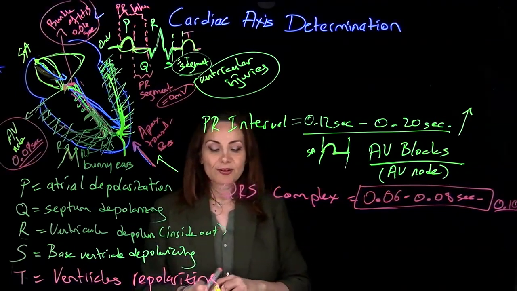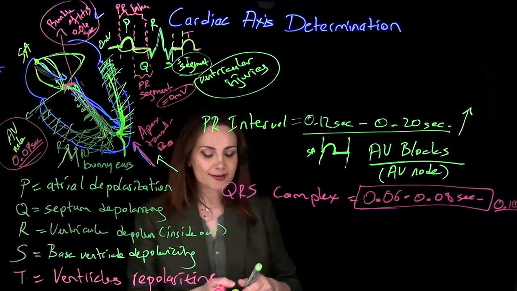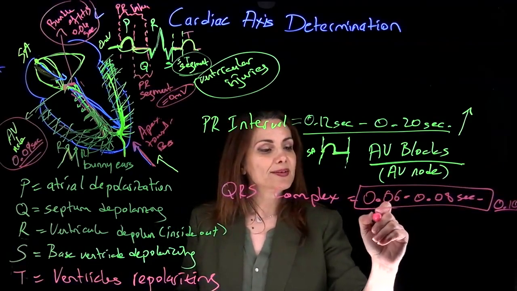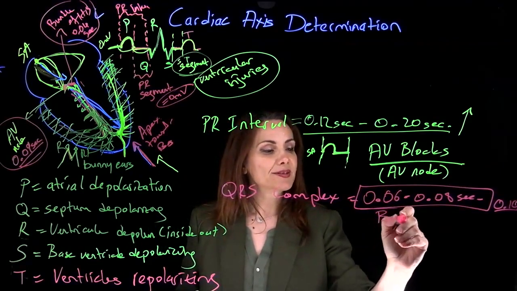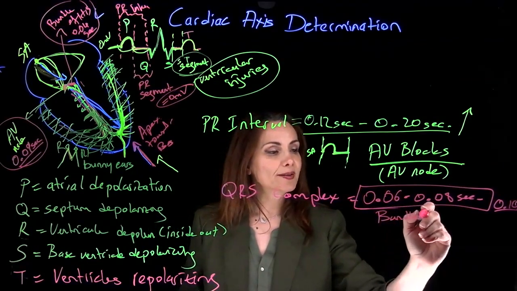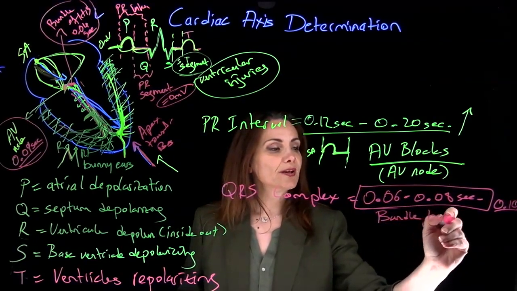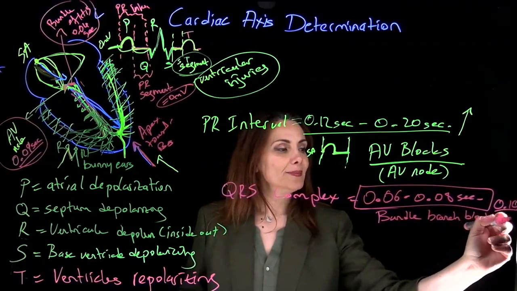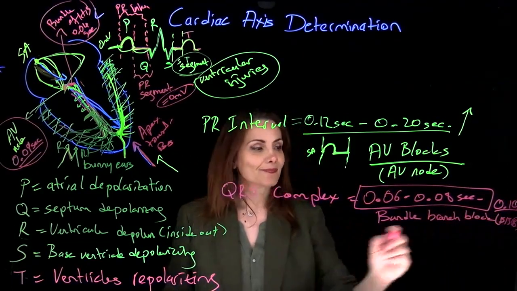So what does that mean? If you have a QRS complex that is taking longer, then that means our bundle branches are to blame. So we say there's a bundle branch block. So B, B, B. All right.